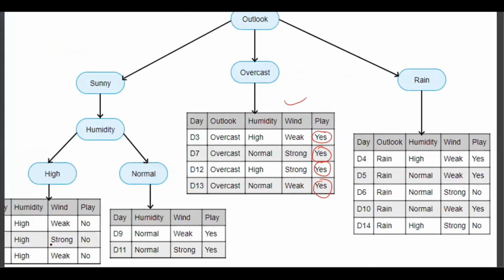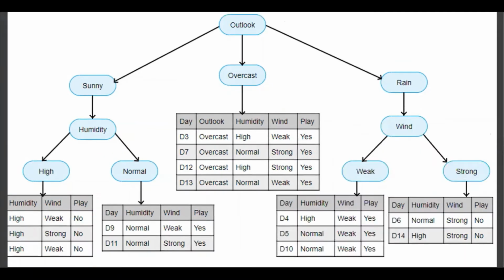Now, this one, again, we have divided, and you see clearly we got the answer no here and yes here. Already we had yes here in all these cases. And now here we have yes and no. So we have to divide this one further like this. Now see here, it's clear under what conditions no, and you know the days here.